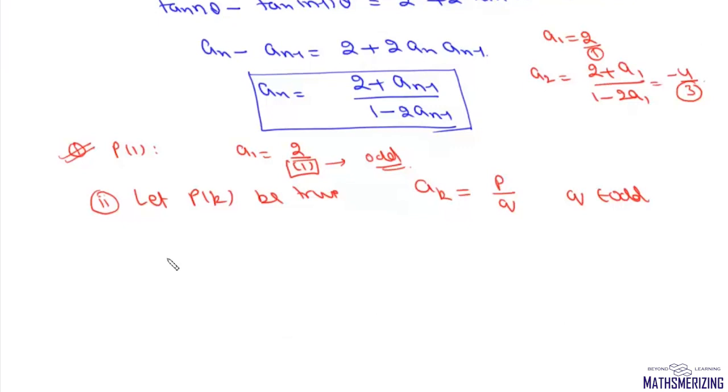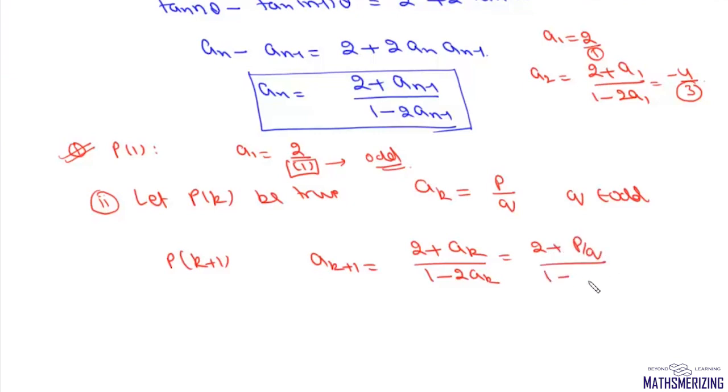So we'll write P_(k plus 1). So P_(k plus 1) will be simply a_(k plus 1), and there will be (2 plus a_k) upon (1 minus 2 a_k). So it will be (2 plus P upon Q) upon (1 minus 2P upon Q). So we'll get this as (2Q plus P) upon (Q minus 2P).